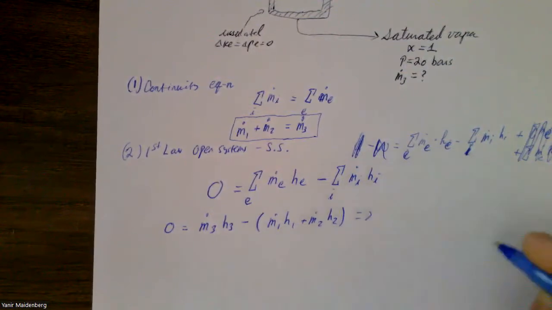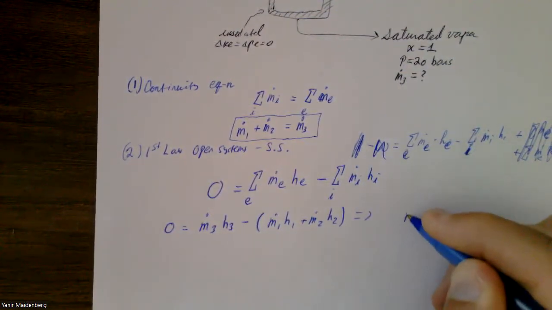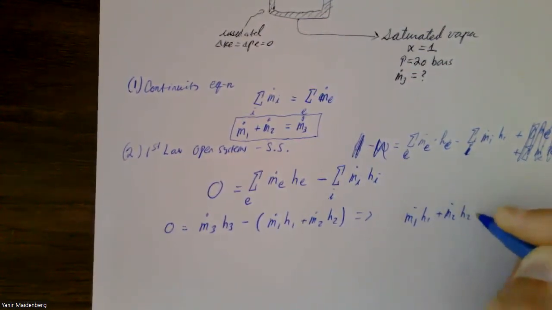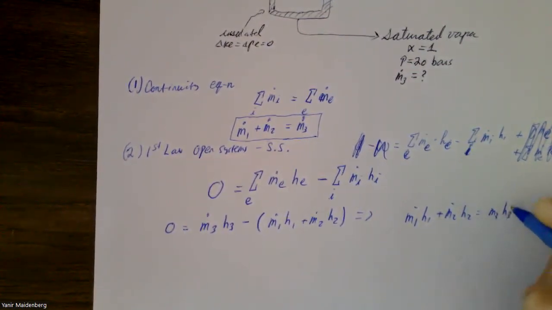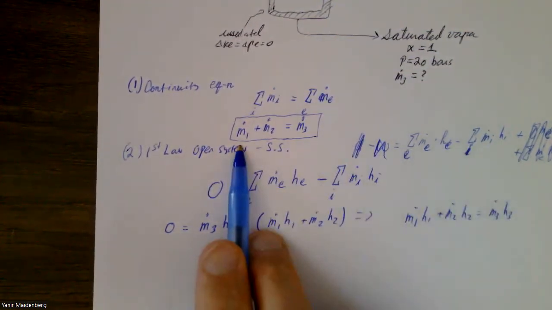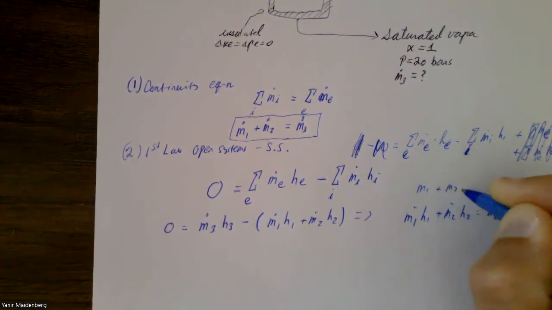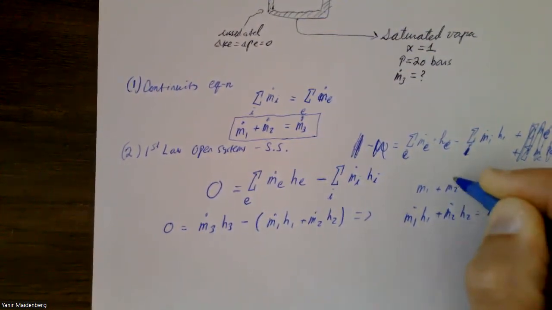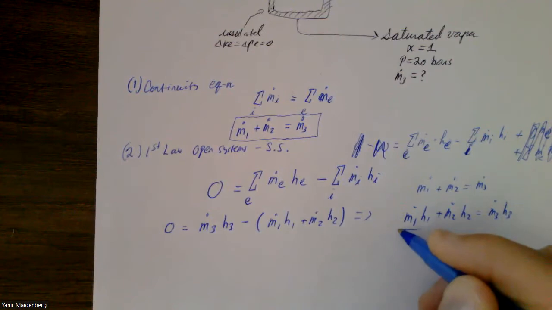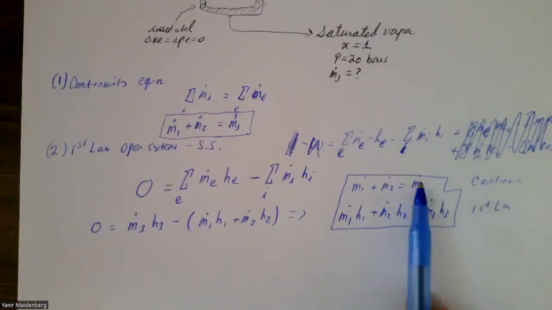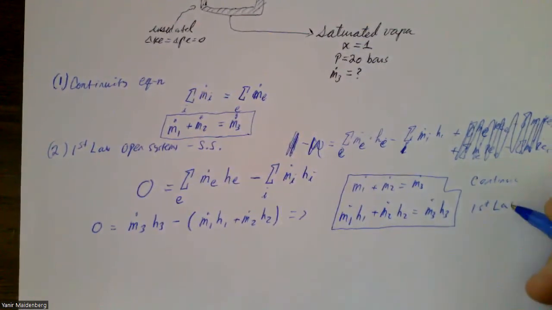And if you rearrange that, you get M1 H1 plus M2 H2 is M3 H3. And the other equation we have is just M1 plus M2 is equal to M3. So I'll write that right on top. Okay. So those are the two equations. One we get from the continuity, and one we get from the first law. So one from the conservation of mass, one from the conservation of energy.